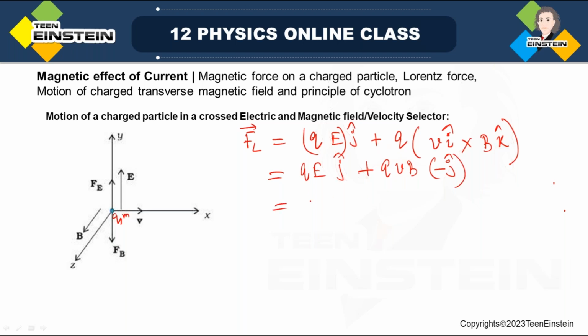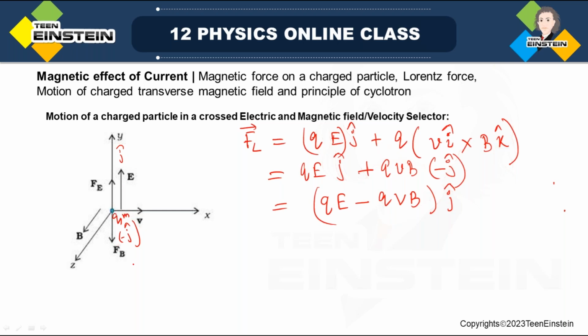Or if we again simplify, then it will be qE minus qvB along j cap. So the magnetic force is along the minus j cap direction, and the electric force is acting along the positive j direction.